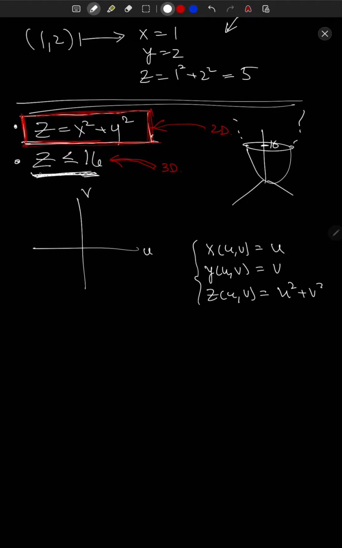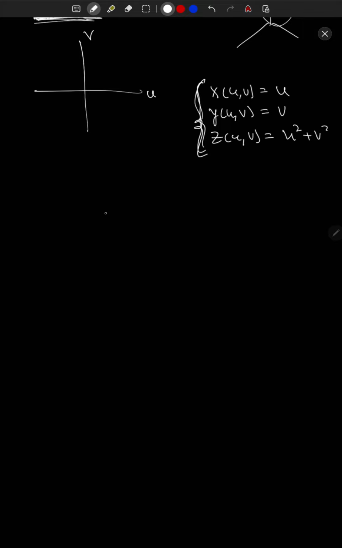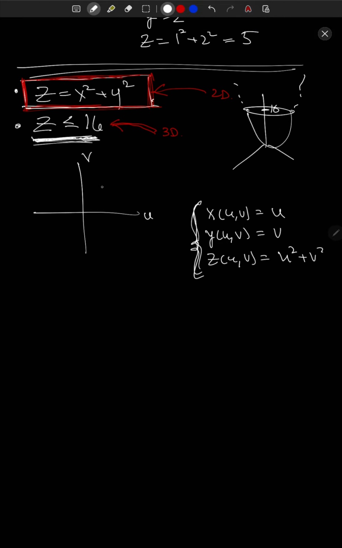So what z less than or equal to 16 is going to tell me is which portion of the uv plane I'm interested in. My parameterization is still the same, but I now need to figure out which portion of the uv plane I care about.